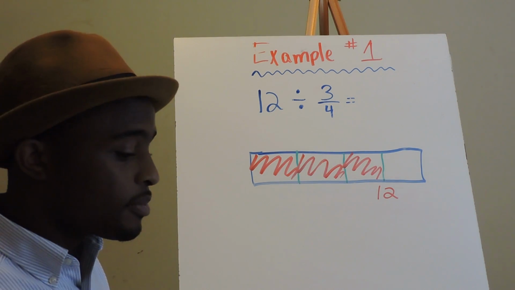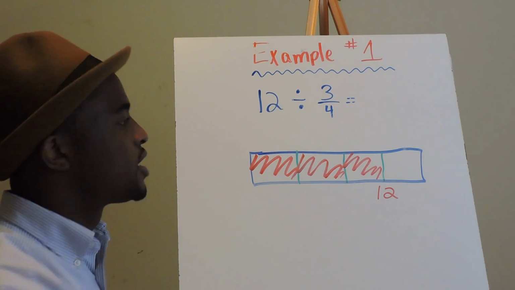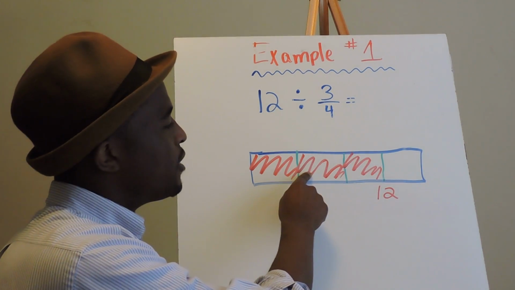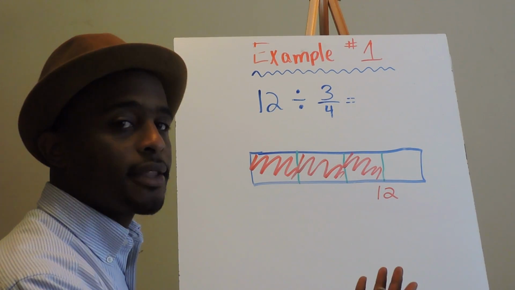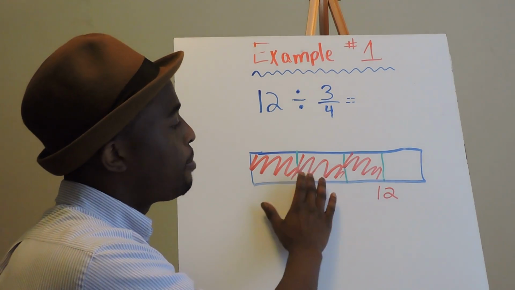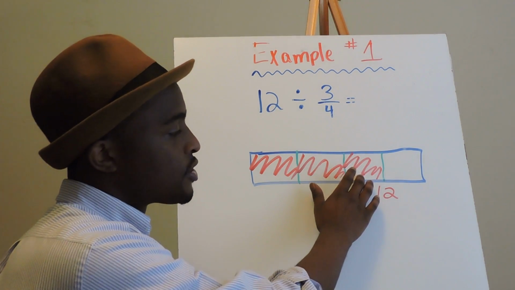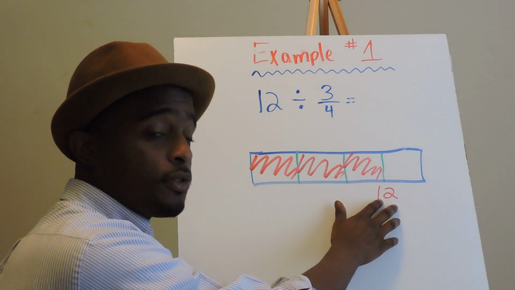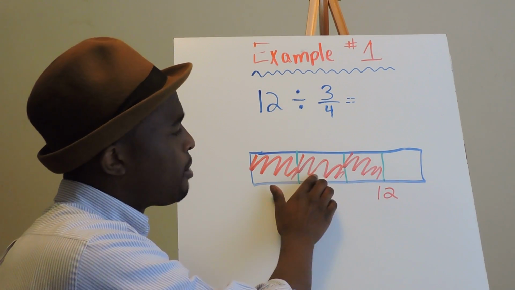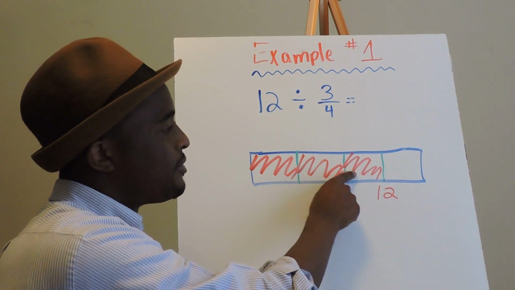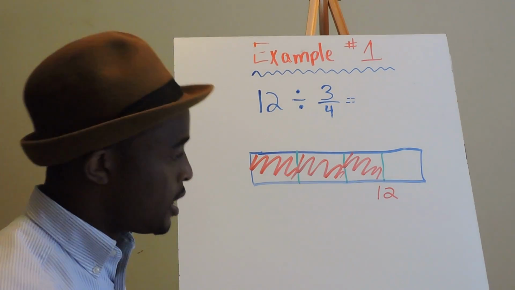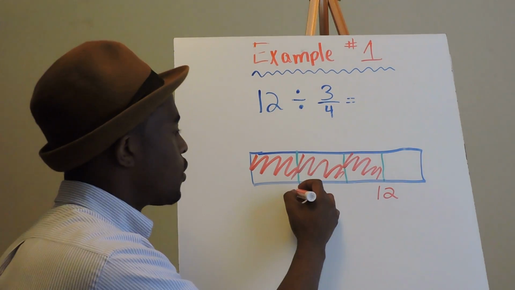Now we have to use division to determine what is the value of each part. Well, I can think to myself, if 3/4 are equal to 12, that must mean that each part is equal to 12 divided by 3. And when we do that, we get 4.